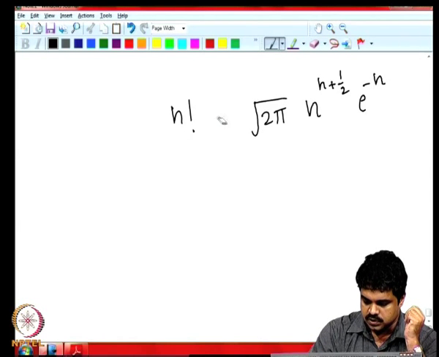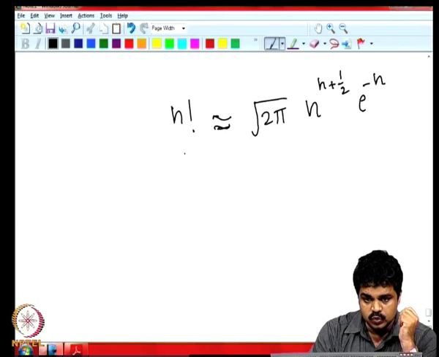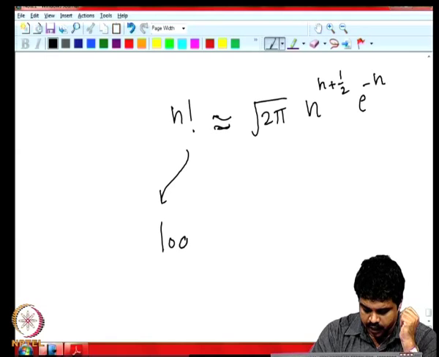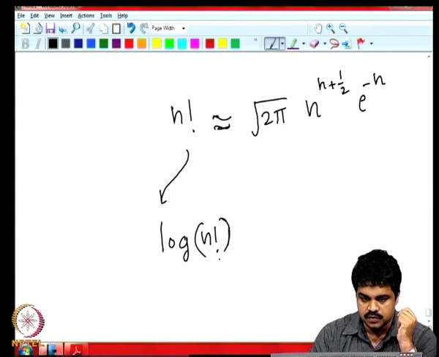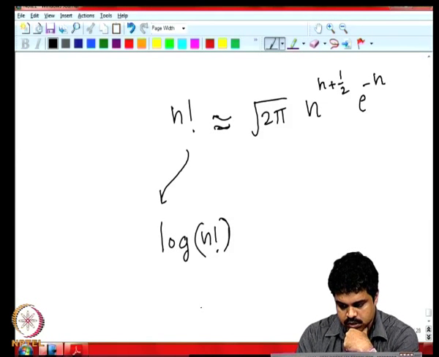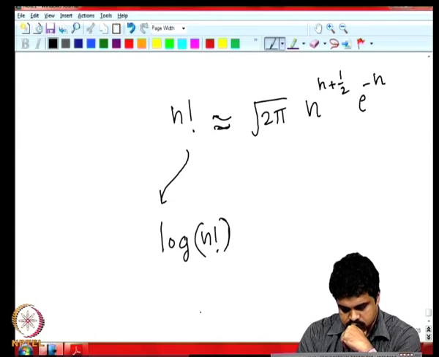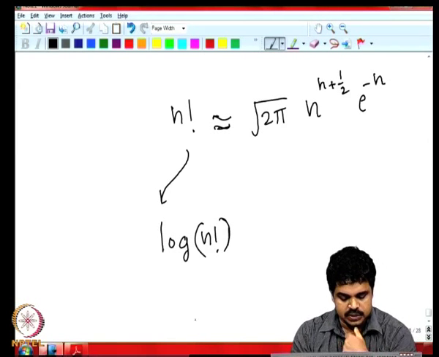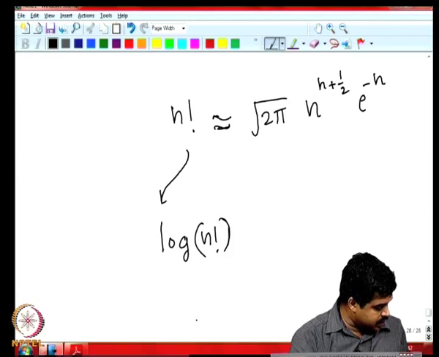These are the two sides, and we are saying they are approximately equal. Now what we can do is work with log of n factorial.